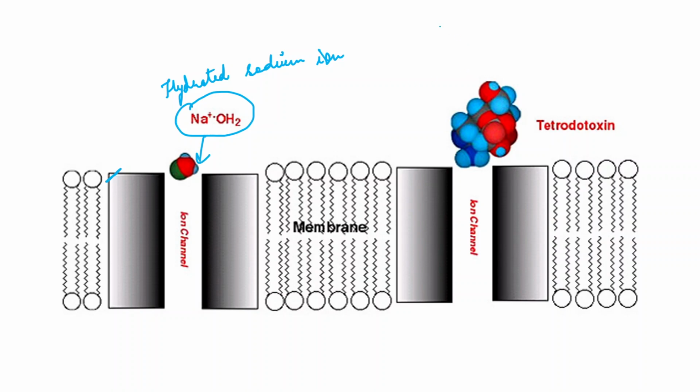So this TTX is going to mimic the sodium ion, and then it is going to block the ion channel. As you can see, it's fairly big in size. Because of that, your small sodium ions will not be able to compete with this bulky TTX, and that is how it blocks the sodium channel.